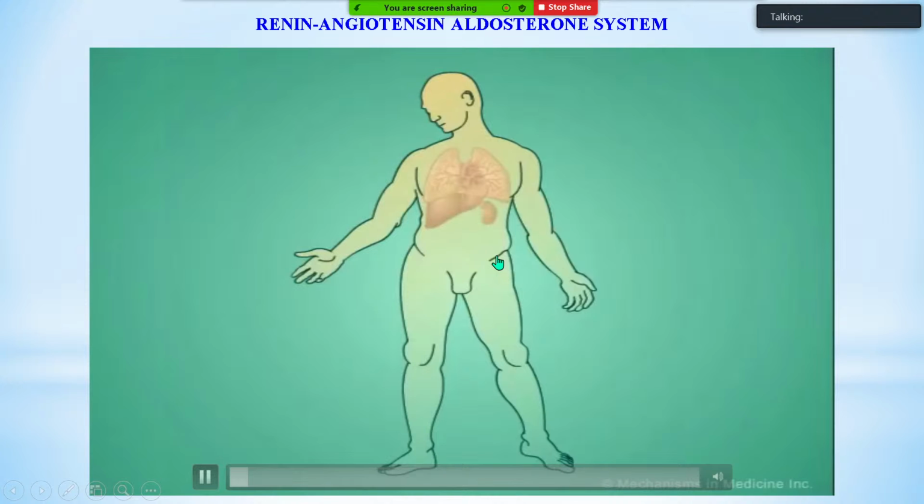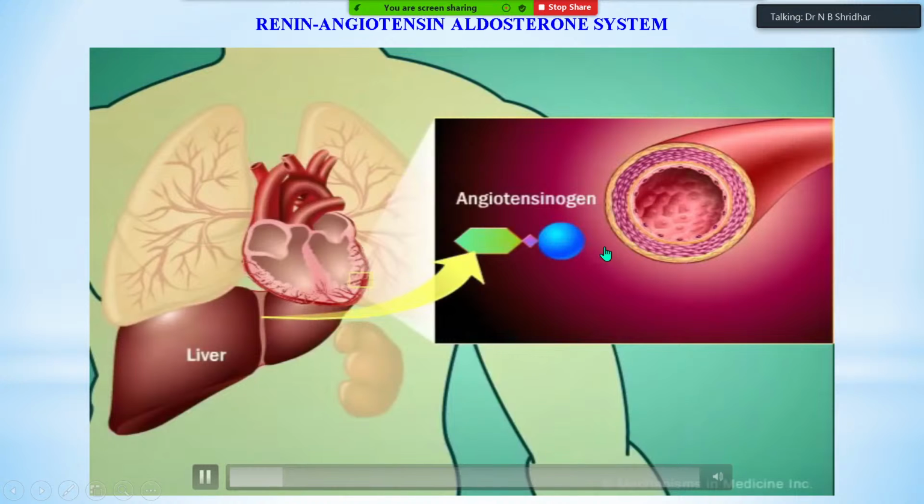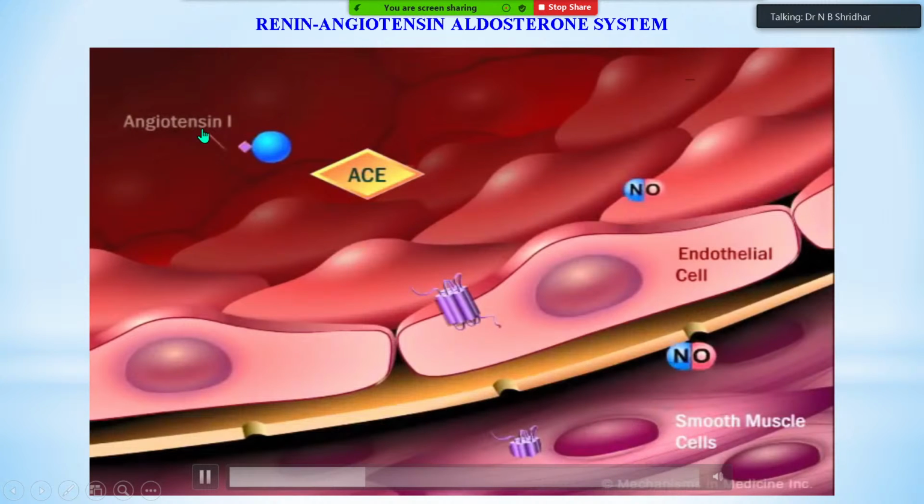The liver produces angiotensinogen, and the kidney produces renin, which forms angiotensin 1. The lung produces the angiotensin converting enzyme, and the vascular endothelial cells also produce ACE, which enters the blood and acts on angiotensin 1.